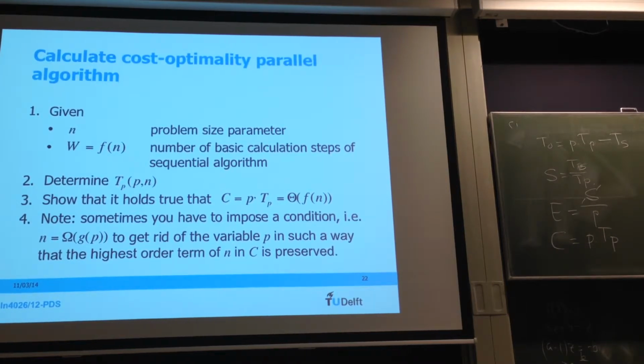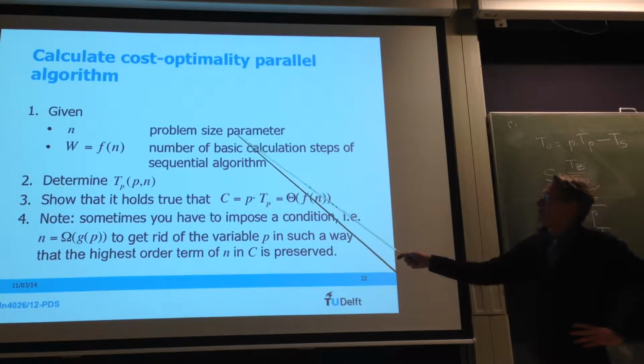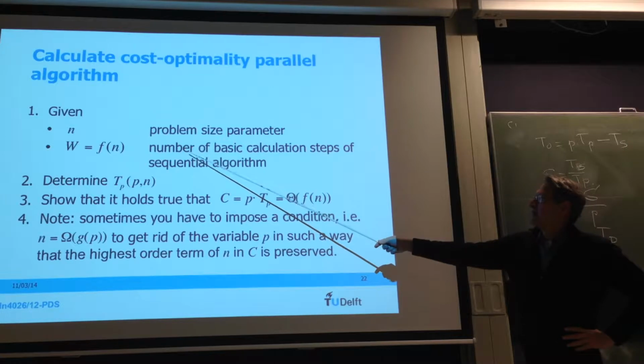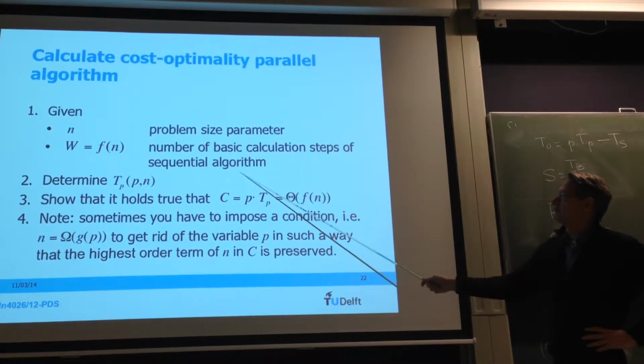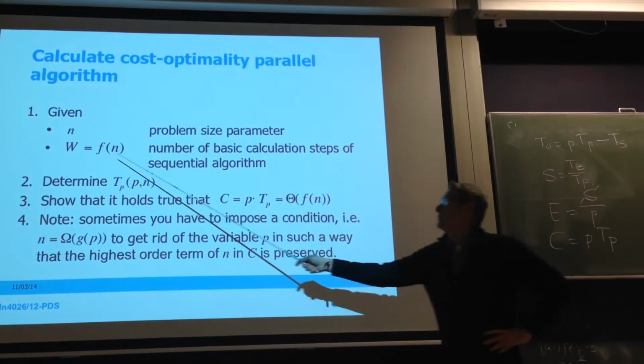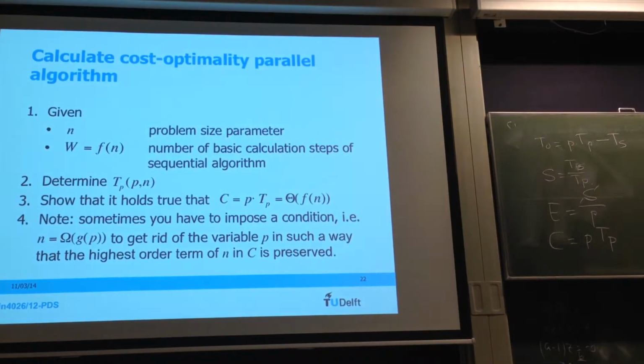Now, how do we calculate the cost optimality of a parallel algorithm? Well, the recipe is given here. Given is the problem size parameter, n, and the workload in terms of the number of basic calculation steps of the sequential algorithm, which is generally a function of n, F(n).